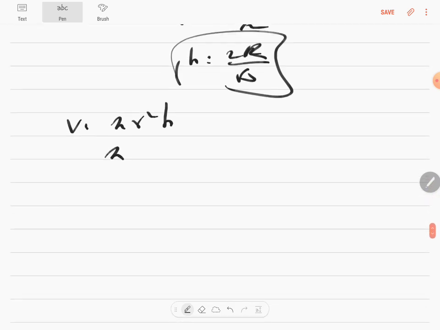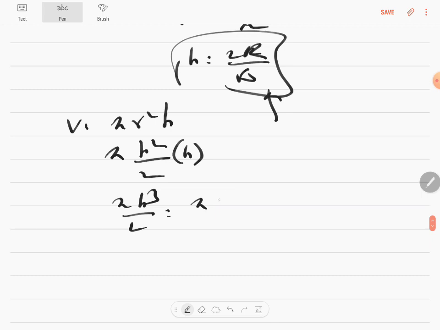So then you come here. H square by 2 into h. H itself is 2R by root 3. Pi h cube by 2, which is pi into 2 2 so 4, 4 2s are 8, R cube by 3, 3 is 9, 3 is 27. 2 into 27. 4 pi R cube by 27.